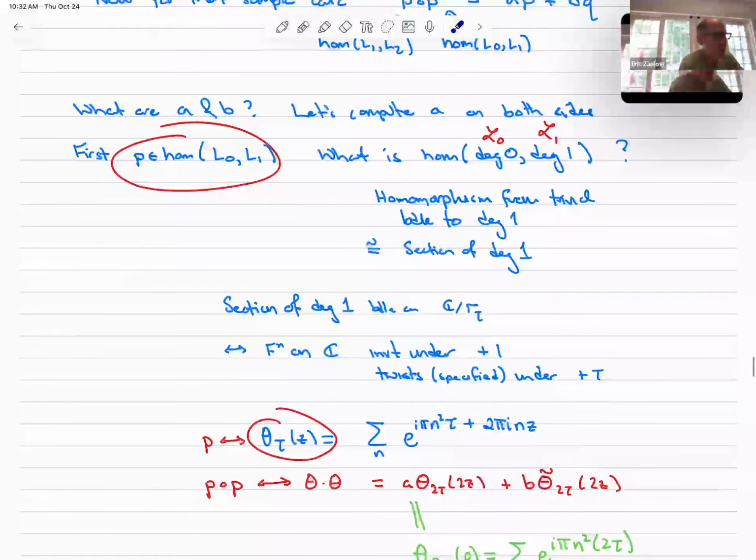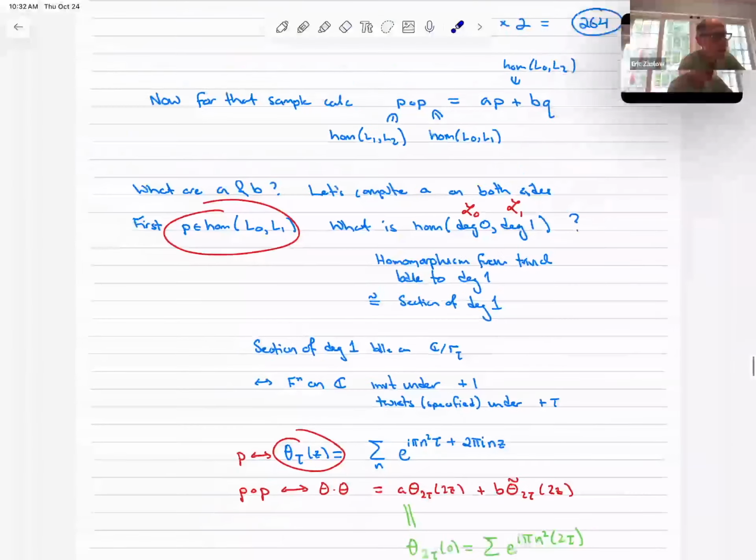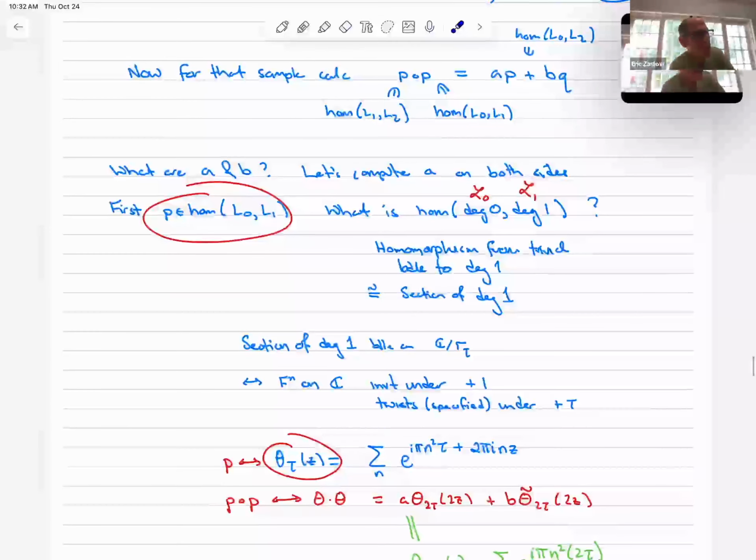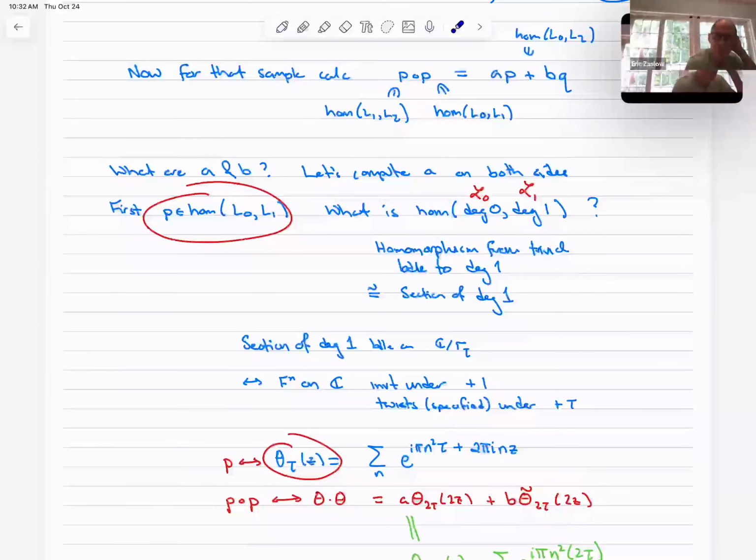Remember, Hom from L0 to L2 is two-dimensional, generated by P and Q. On the algebraic side, those two sections are described by the same function, except with a 2 tau and a 2z. Pretty much the same function. I've written theta twiddle because there's a slight shift in there. I know you put a 1/2, n plus a 1/2 there, but essentially the same function.